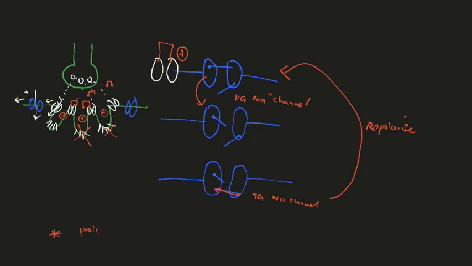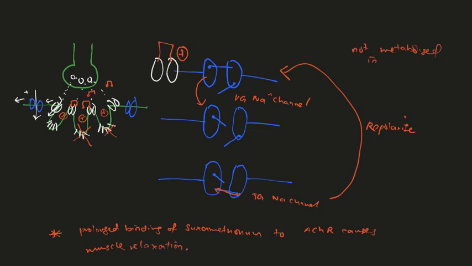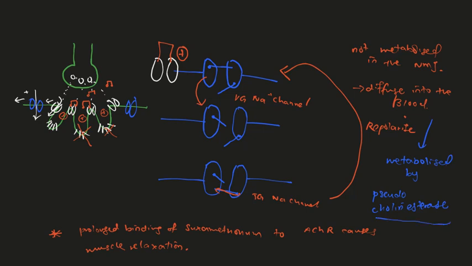All in all, the prolonged binding of suxamethonium to acetylcholine receptors causes muscle relaxation. The effect is prolonged because it is not metabolized in the neuromuscular junction. It has to diffuse into the blood and then it will get metabolized by pseudocholinesterase into succinic acid and choline.